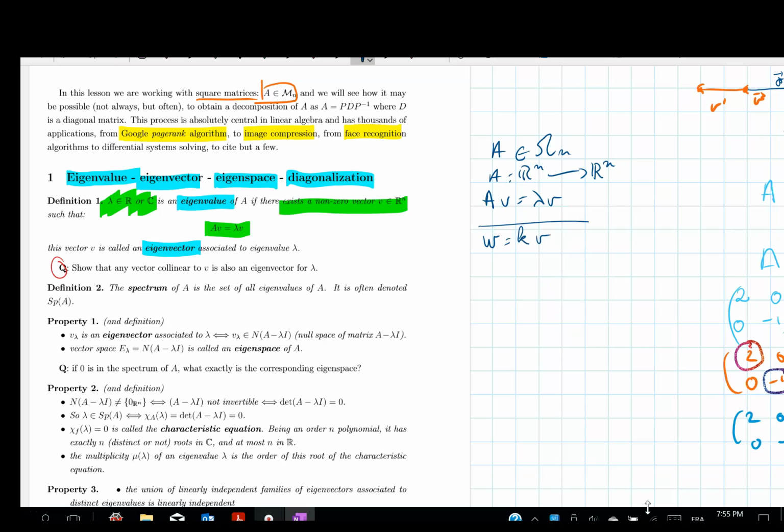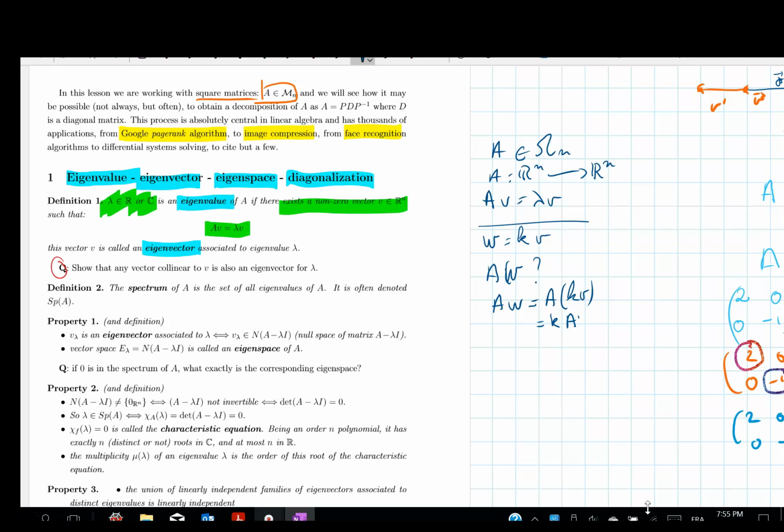So it just means that W is equal to some real number K times V. So what is going to be the action of A on W? A times W is A times K times V. And by linearity, that's just K times A times V, where K is, I remind you, just a scalar value.